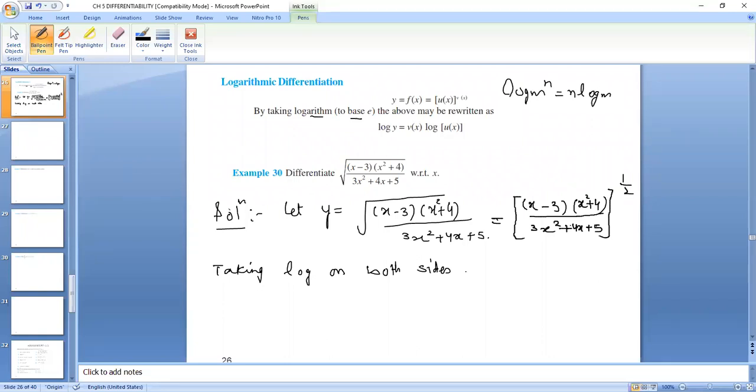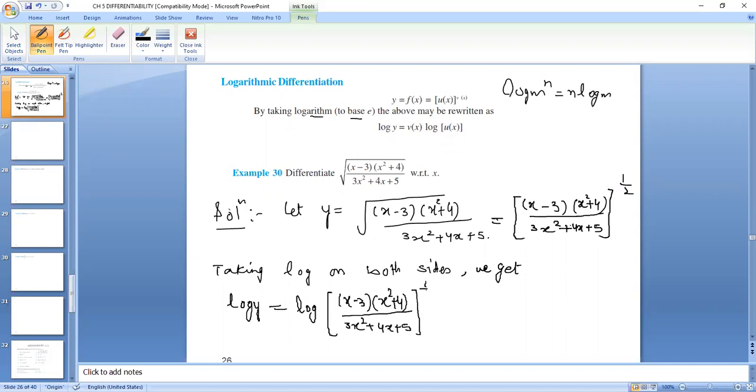Now taking log on both sides, on the left hand side we will be getting log y. On the right side we will be getting log of ((x minus 3)(x square plus 4) upon 3x square plus 4x plus 5) power 1 by 2. Now we will apply this formula: log m raised to power n is equal to n log m.